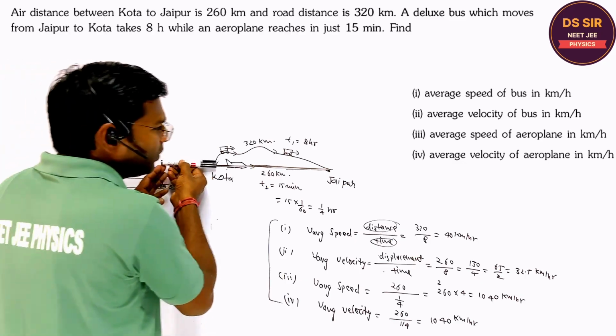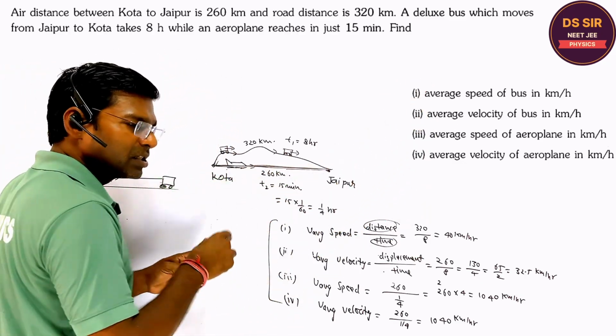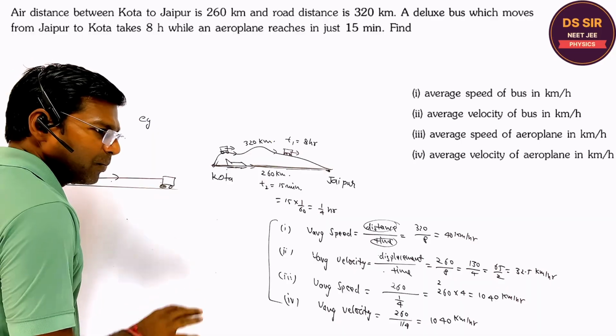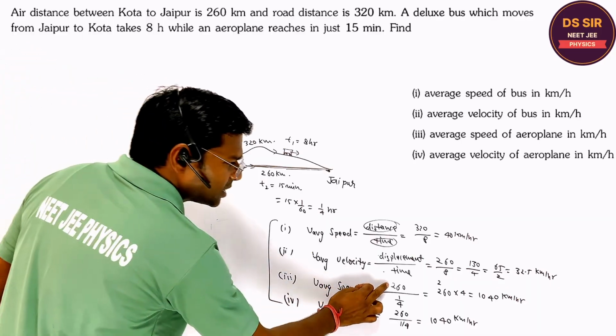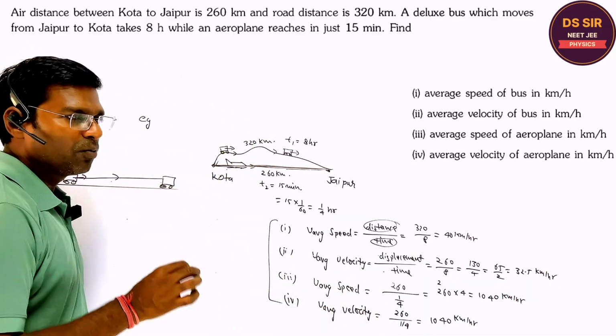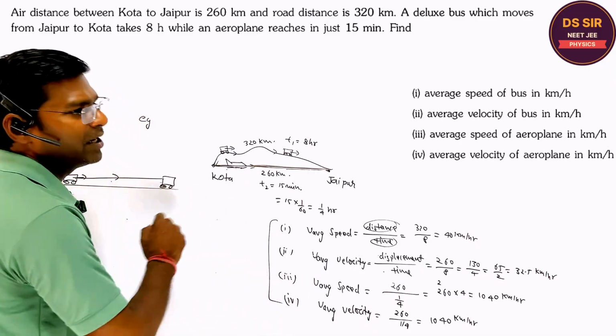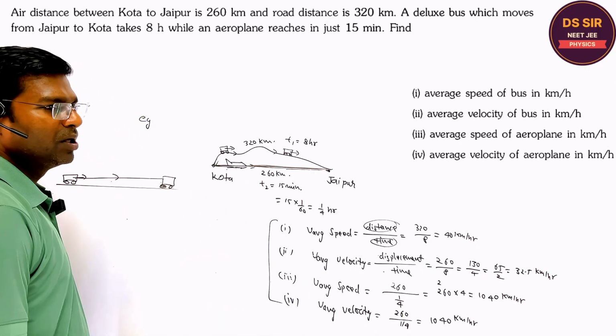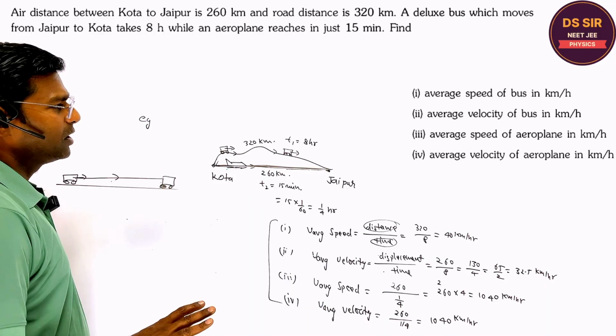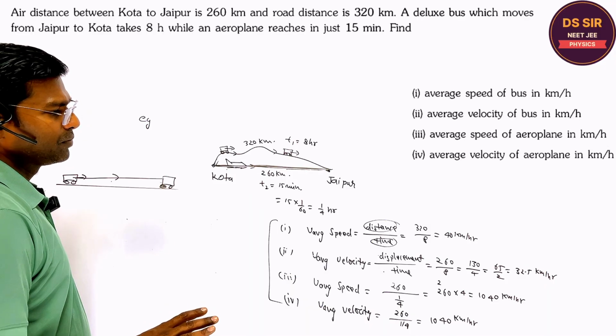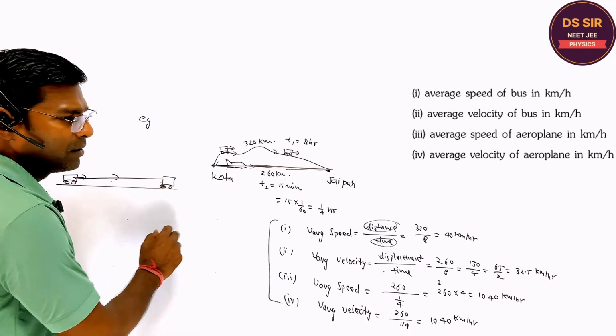It is moving forward in the same direction, in the same straight line. So therefore the average speed and average velocity magnitude will be the same. You understand or not? Any other doubt, please tell.